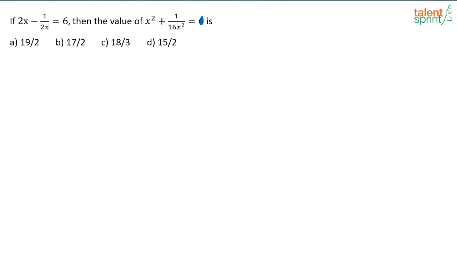Shankar Rao has given me the answer. He says the answer is 17 by 2. Any other answers? It's not a difficult question. You should be giving me the answer by now.